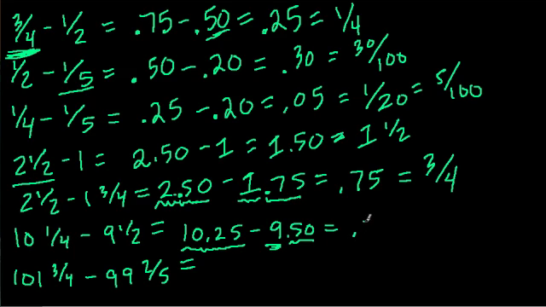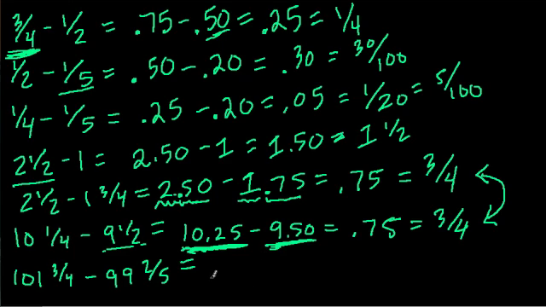So that's 75 cents again, or 3/4. So these two are in fact equal. And just to double check, yep, 10 1/4, 10.25, minus 9 1/2, which is $9.50. $10.25. Take $9 away, you have $1.25. Minus 50 cents, 75 cents.